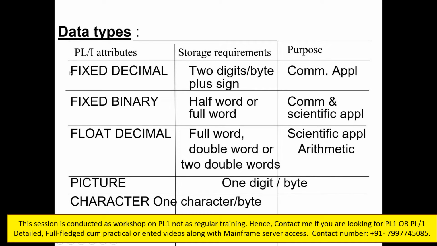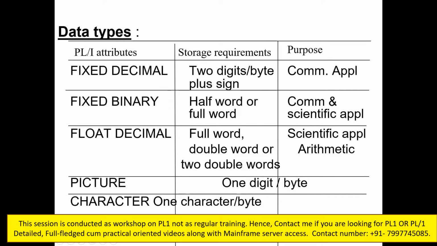So fixed decimal means COMP-3 in COBOL. Fixed binary is COMP. I cannot explain about half word, full word like that. To remember easily, fixed decimal is equivalent to COMP-3 in COBOL, fixed binary is COMP, and float decimal and float binary are COMP-1 and COMP-2.